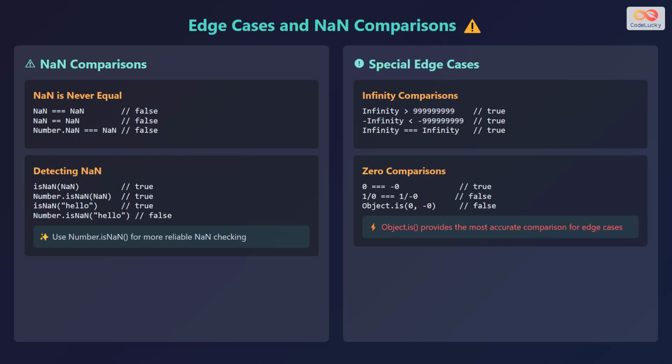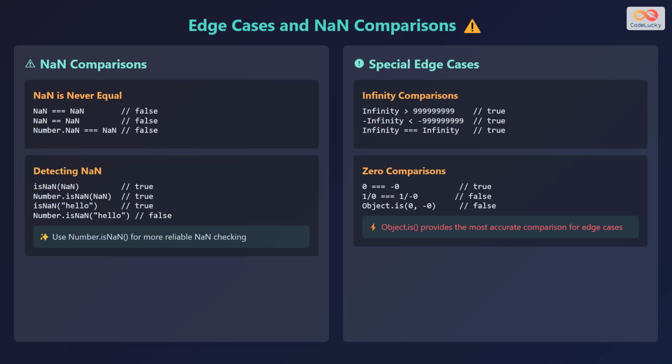To check if a value is NaN, you can use the isNaN function. But note that it might return unexpected results when passed a non-numeric string, such as the string hello. For more accurate results, use Number.isNaN. For example, Number.isNaN with NaN as argument returns true, and Number.isNaN with string hello as argument returns false.